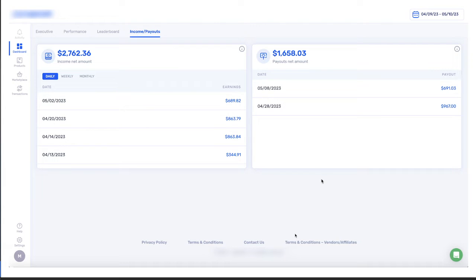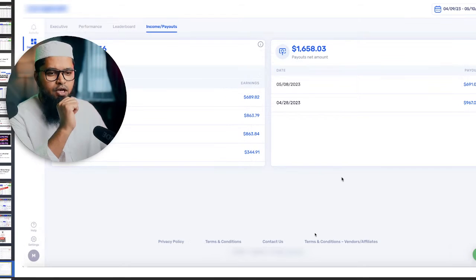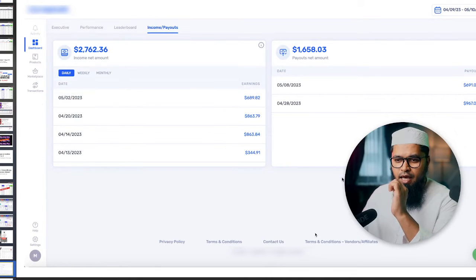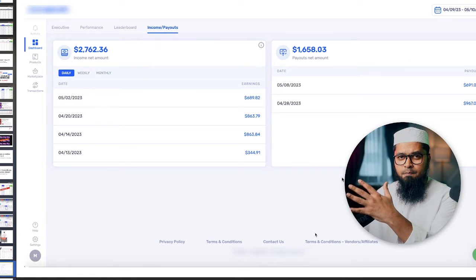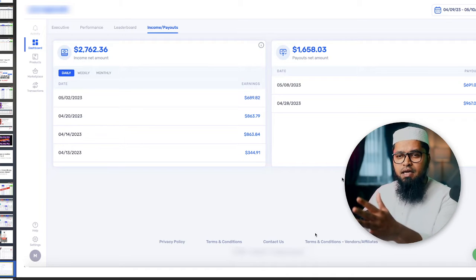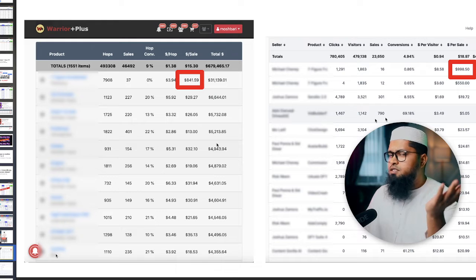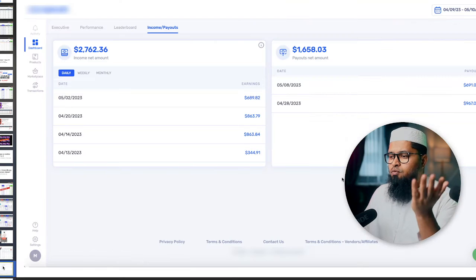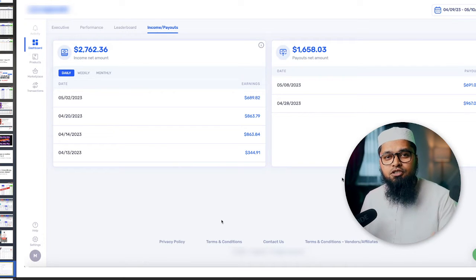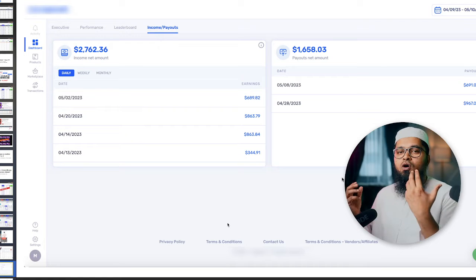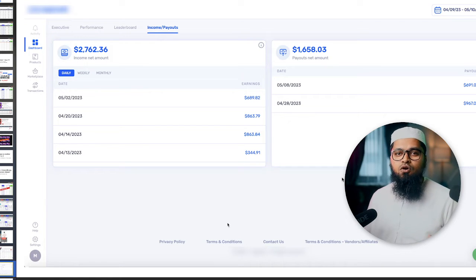Now the second problem was this. I was promoting an offer that was hiding all the data. The dashboard looked like this. Now tell me, after knowing all this, will you promote anything with this kind of dashboard, where all the data is hidden? You don't see anything. Look at this. You don't see anything at all. So what would you do? You have nothing to do because the vendor is hiding all the information. I'm not saying they're good people or bad people.